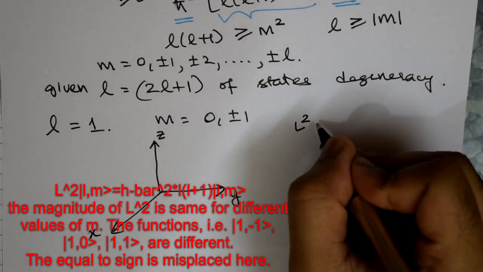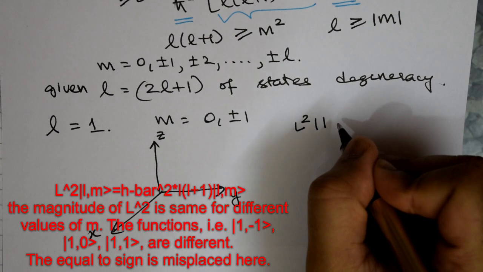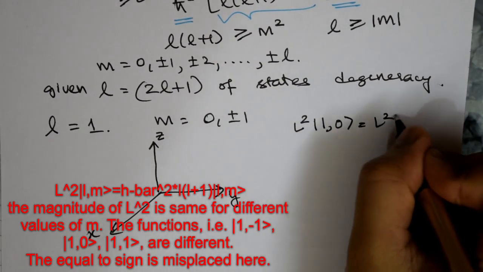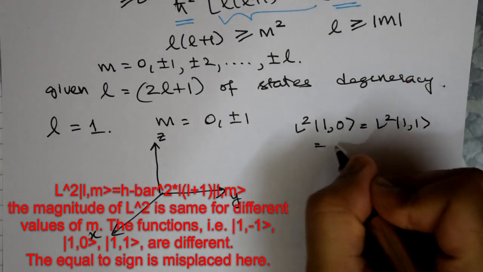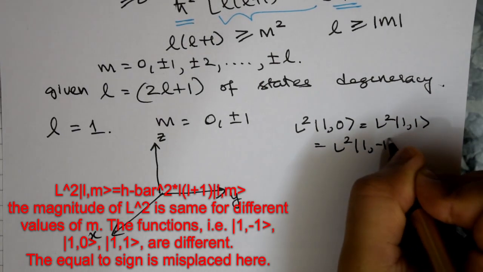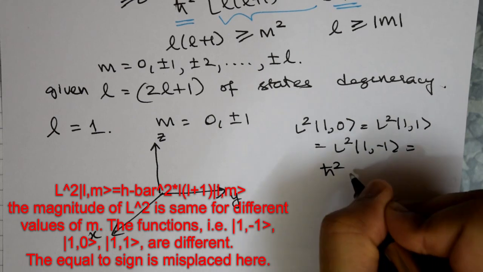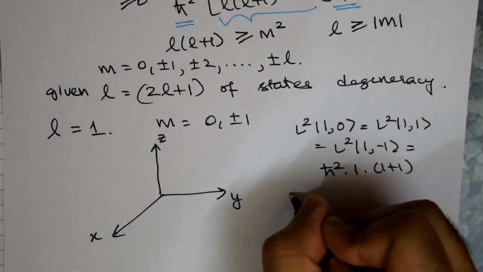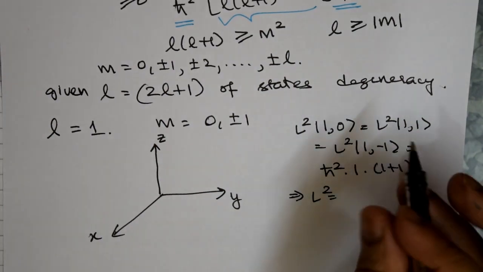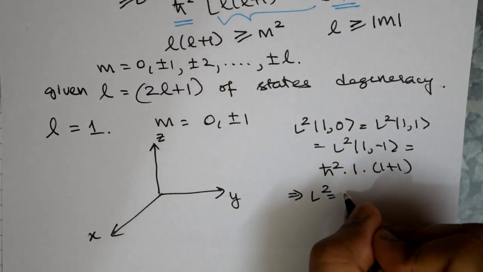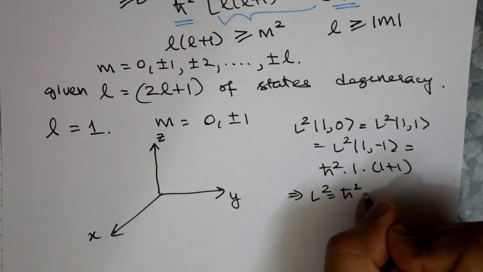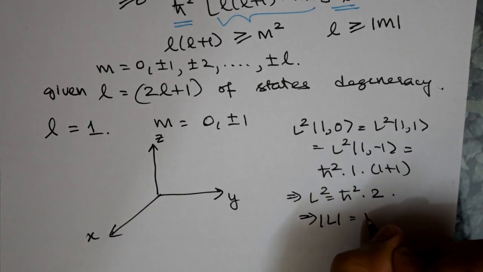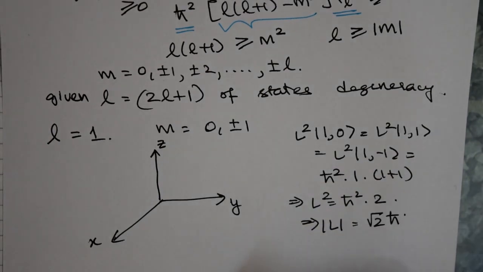So L square on |1,0>, or L square |1,1>, or L square |1,-1>, will be equal to h cross square l into l plus 1. So this implies L square for any of these quantum numbers is going to be h cross square times 2. This implies mod of L will be equal to square root of 2 times h cross.